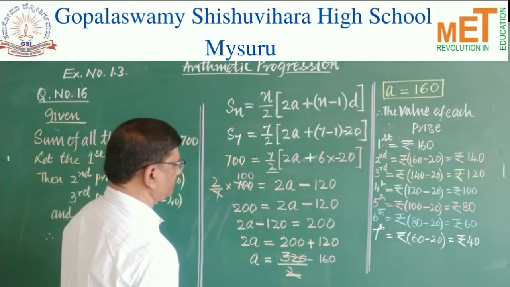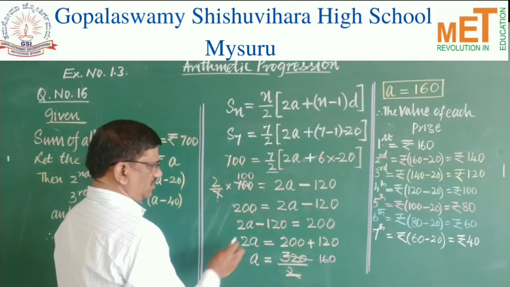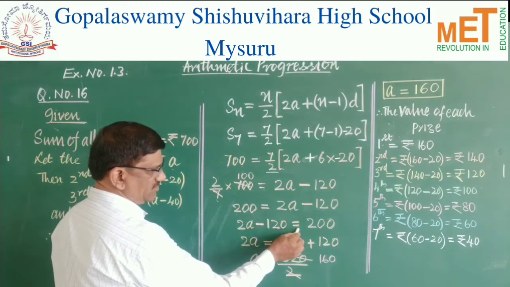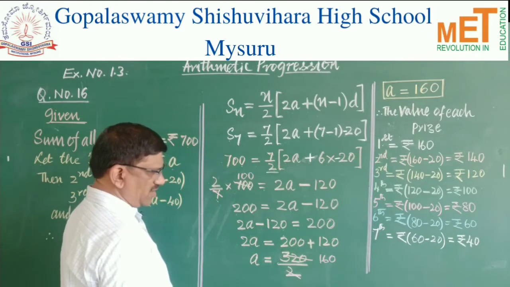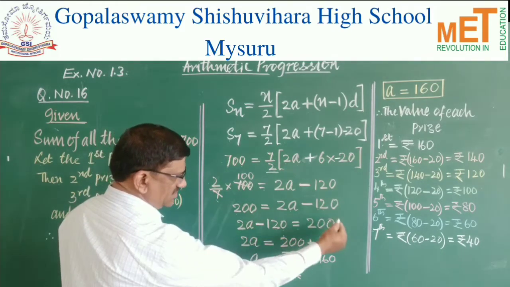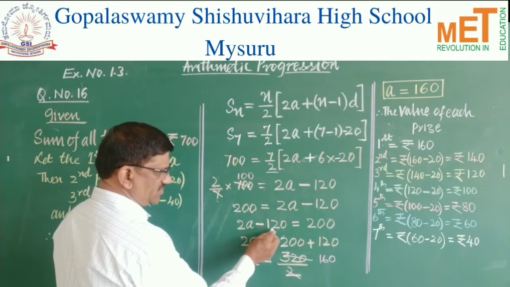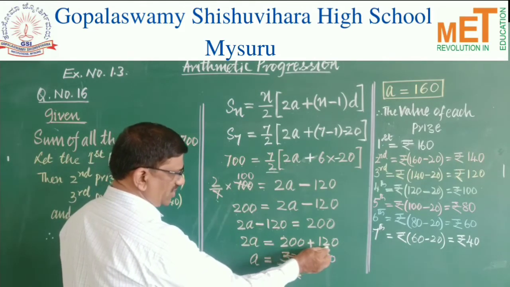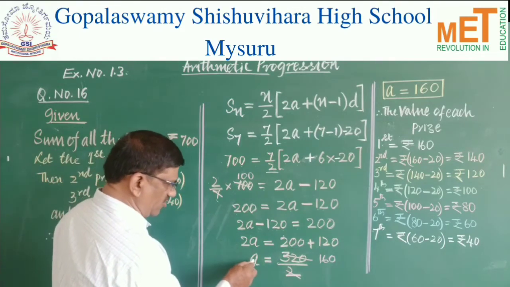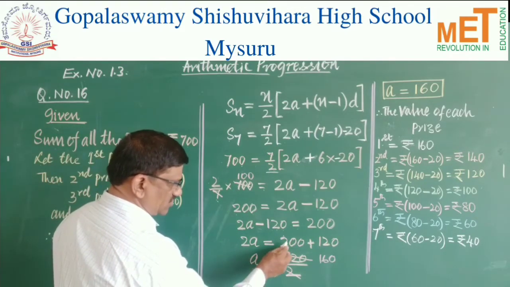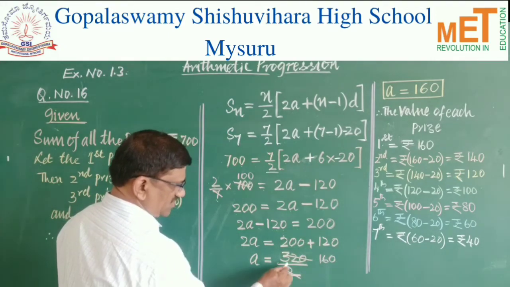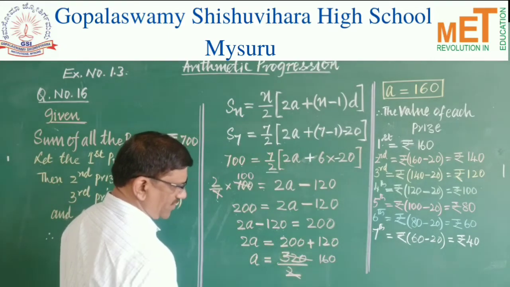So 2a minus 120 is equal to 200. Now I am sending this minus 120 to the right hand side of the equals, then minus 120 becomes plus 120. Clear, children? So then the value of 2a is 200 plus 120, which is equal to 320.